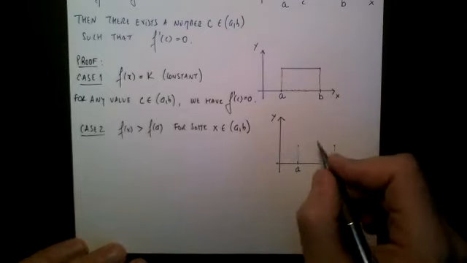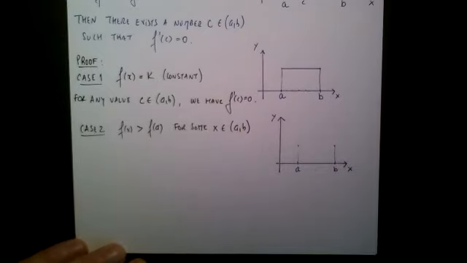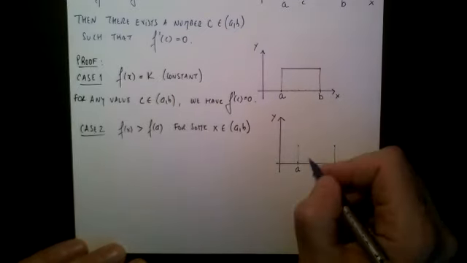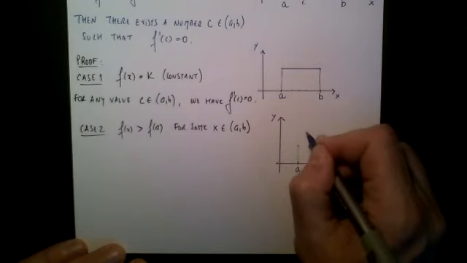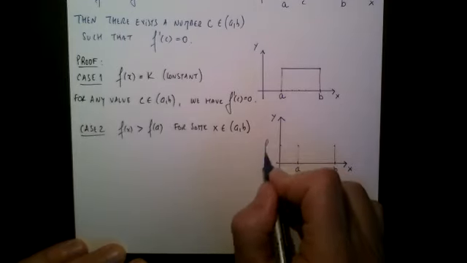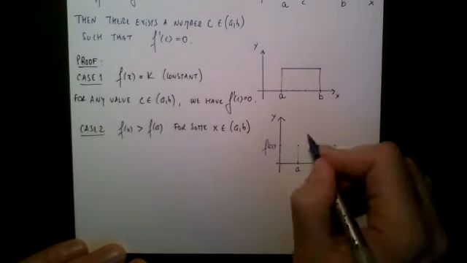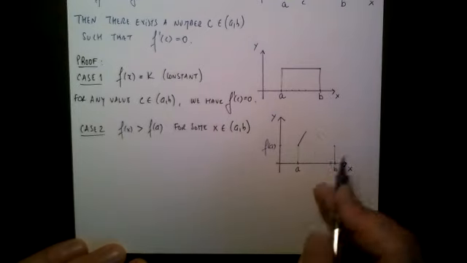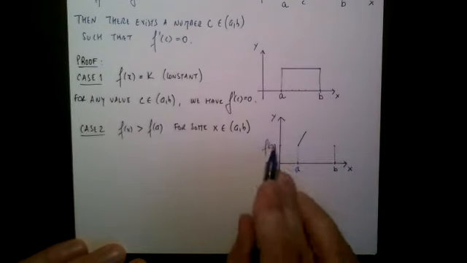All right, so what it says is, in this case, there is a value x somewhere where the function is bigger than f of a. So this is f of a, and there is a place where it's above f of a.